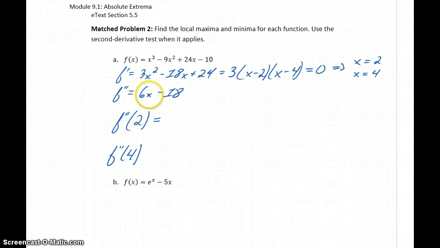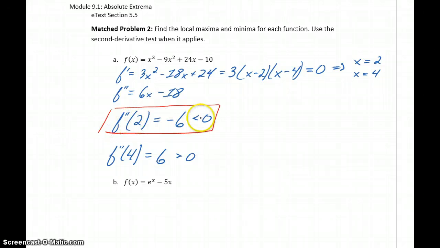So 6 times 2 will give us 12, minus 18 will give us negative 6. Second derivative evaluated at 4 will give us positive 6. So negative 6 obviously is less than 0. Positive 6 is greater than 0.